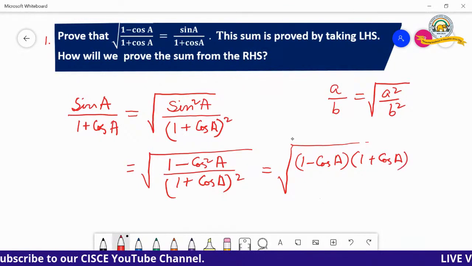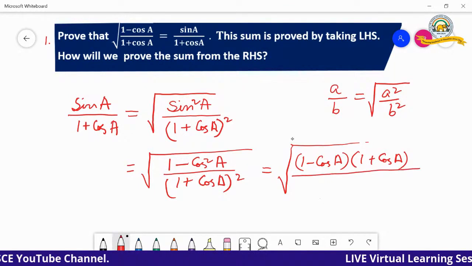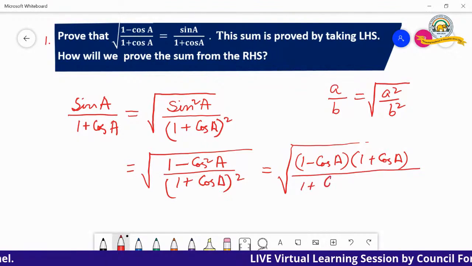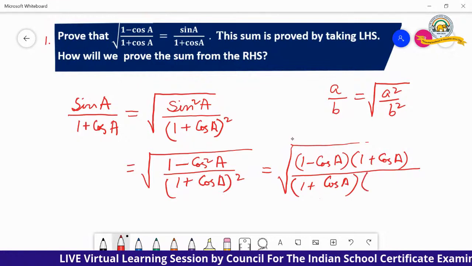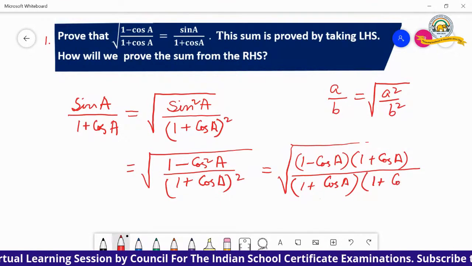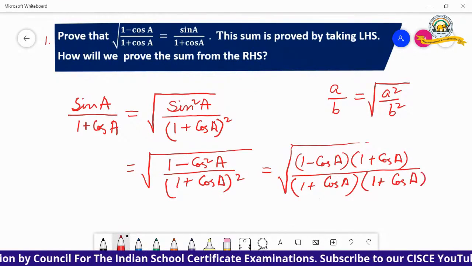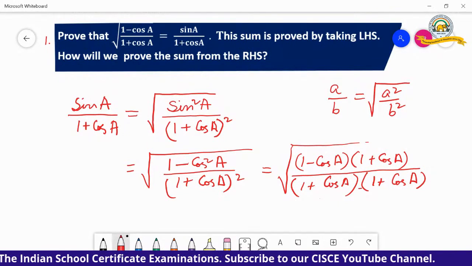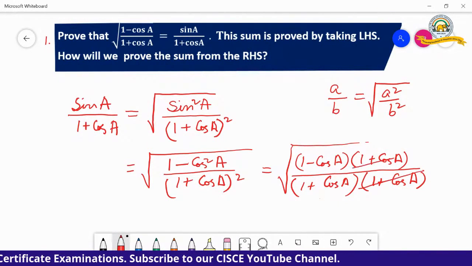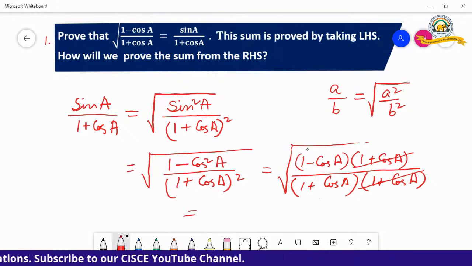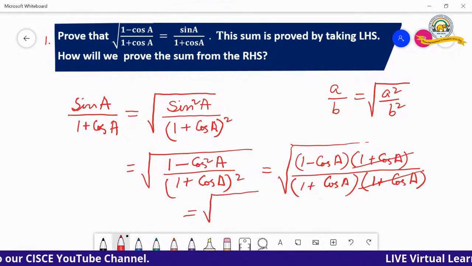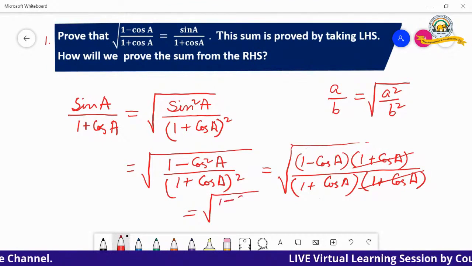There we have got it. And here, what does (1 plus cos A) whole square mean? It's (1 plus cos A) into (1 plus cos A). Excellent. So one term cancels off. There we have got the left hand side. So I told you, you can think any way you want to.